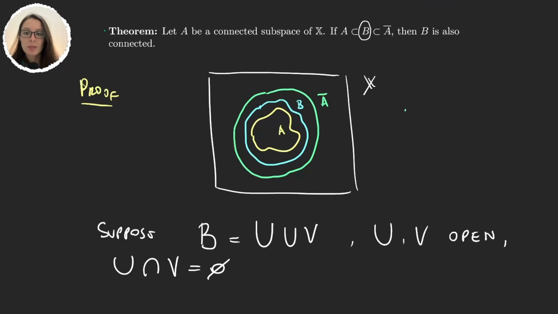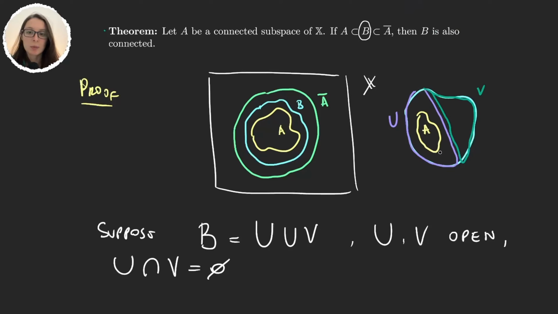So basically, if this is our set B, we are saying that we can separate it with one set U and another set V. But now A is connected, so A cannot be separated. That means that A must be on only one of these sets. It can be U or V. Obviously it's the same in this situation because it's abstract.